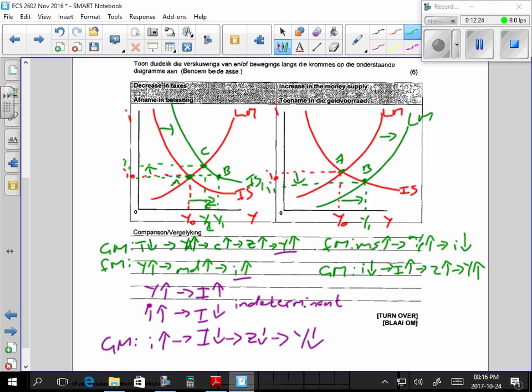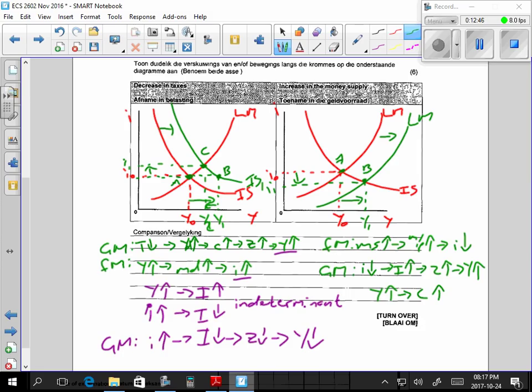Because your output and income is increasing, consumption of goods and services increases as well. So you've explained both the decrease in interest rate and increase in output and income.